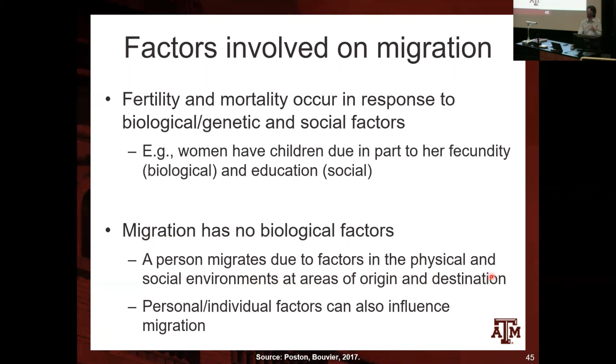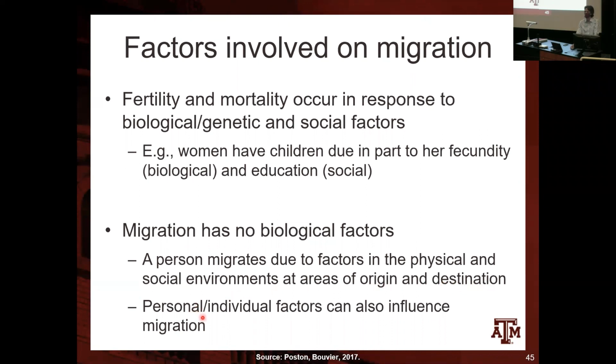Do I have enough opportunities for my life in the future in terms of education and work in the area of origin? If I do more than in other places, I will not get out of the area of origin. But if I see another area as giving me more opportunities, then I will be more likely to migrate out. So I'm moving due to differences in contextual factors when I compare the place where I live to other places where I would go to.